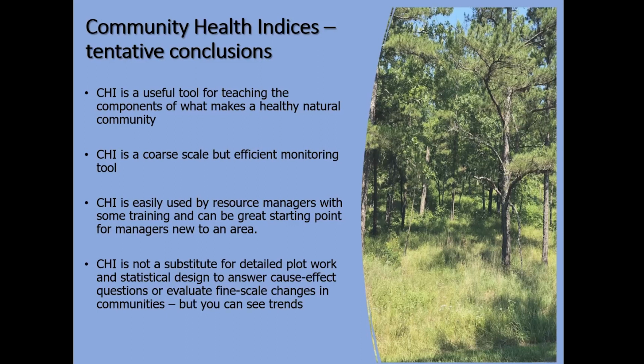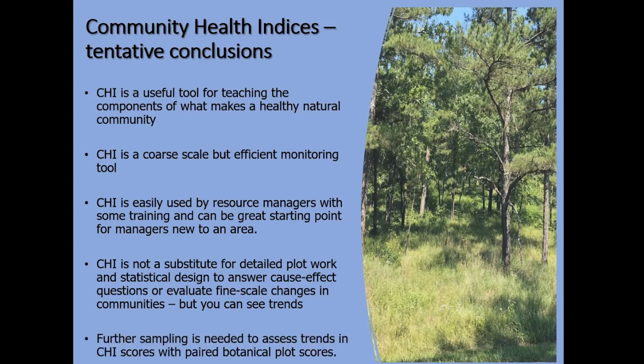CHI is not a substitute for detailed plot level work and statistical design to answer cause-effect questions or evaluate fine-scale changes in communities. What it can show you is trends, and that's all we're looking for at this point. And of course, further sampling is needed to assess trends in CHI scores with paired botanical plot scores.